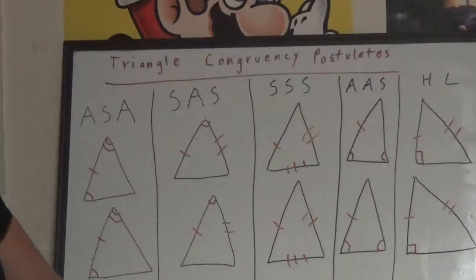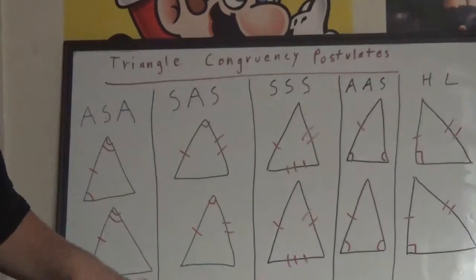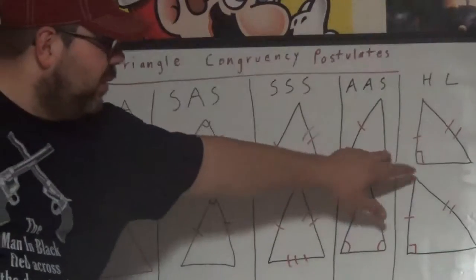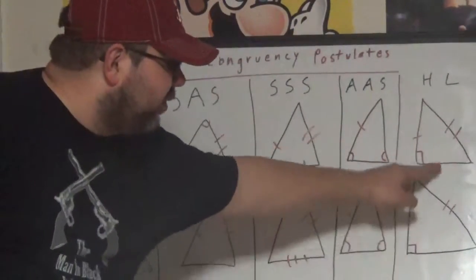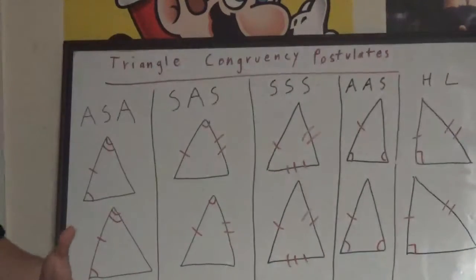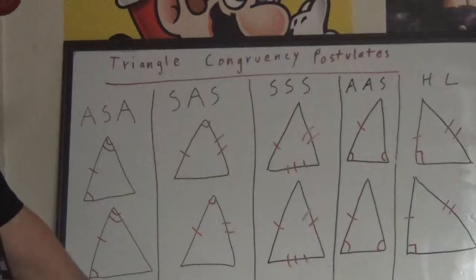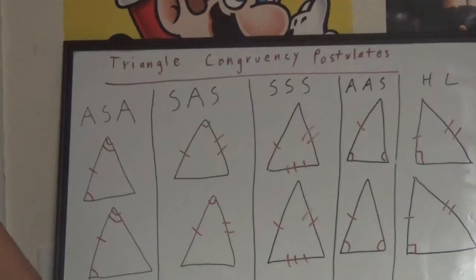So if one leg and the hypotenuse are the same, by definition, because of the Pythagorean theorem, the other side also has to be the same. It has to be, which would qualify as side, side. So that's why hypotenuse leg works, even though it's a little bit different from the others.